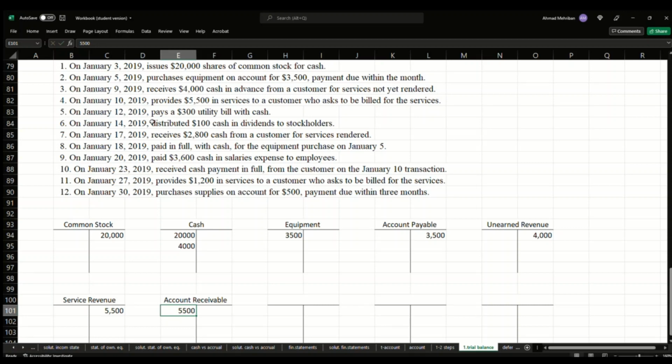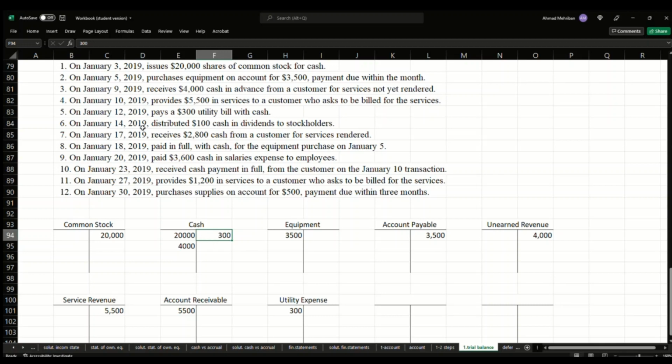Moving on to transaction 5, in January 2019, pays $300 utility bill with cash. Utility expense is immediately recognized. 300 expense on the debit side, and it says that we pay in cash, so cash out 300, and we record it here.